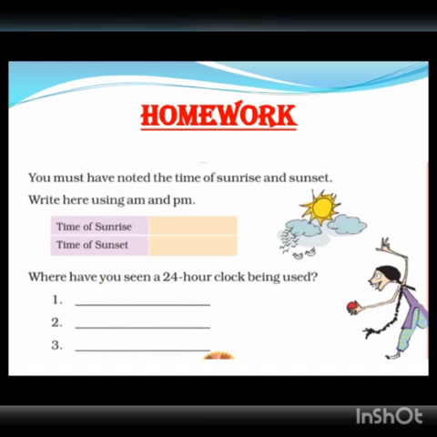This you can check in the newspaper or you can take help of your parents. Then write down your answer in the column given. And second question, where have you seen a 24-hour clock being used? This homework you have to do in your textbook.